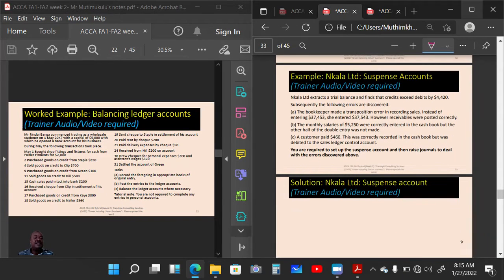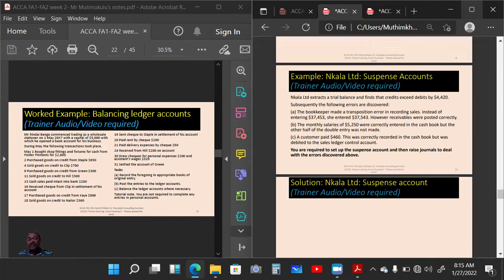Okay, there is an example there for Ngala Limited. Ngala Limited extracts a trial balance and finds that credit exceeds debits by 4420.